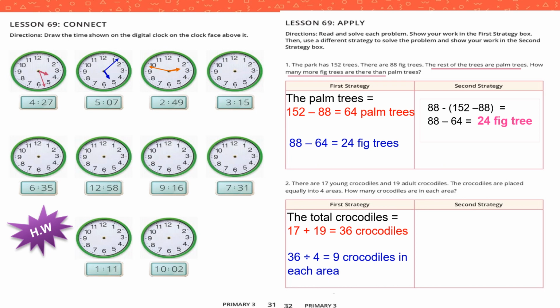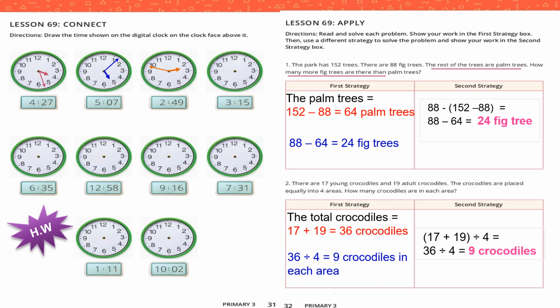Okay. Now let's find the second strategy to solve it in one step only. Okay, I will add the total crocodiles, I will add the young and the adult, then I will divide them by 4.